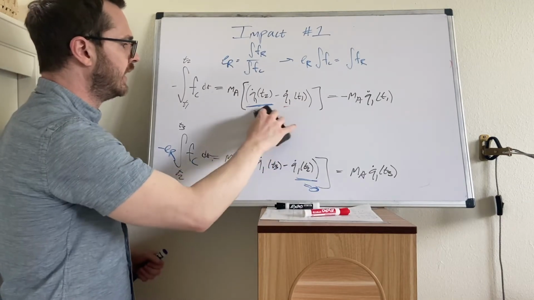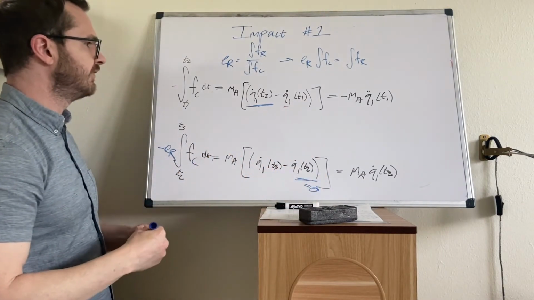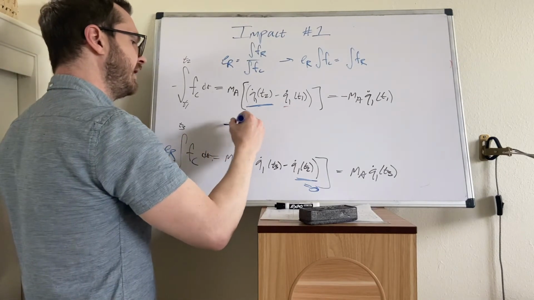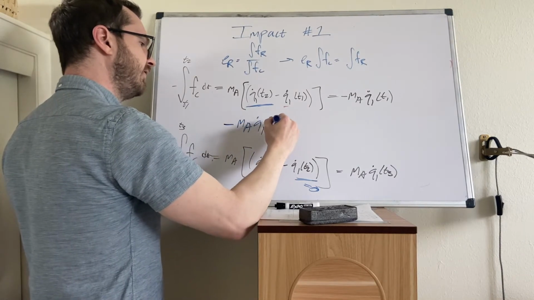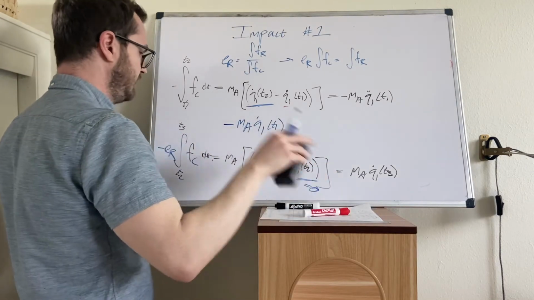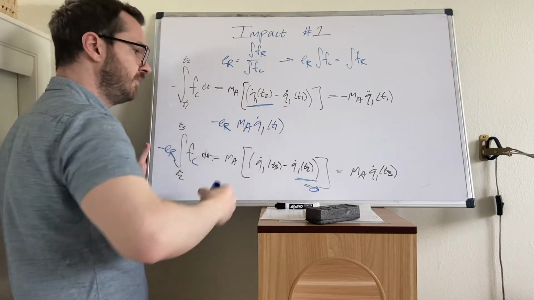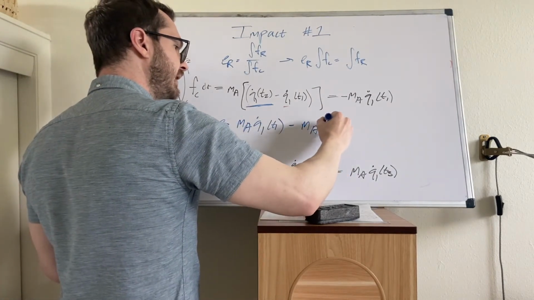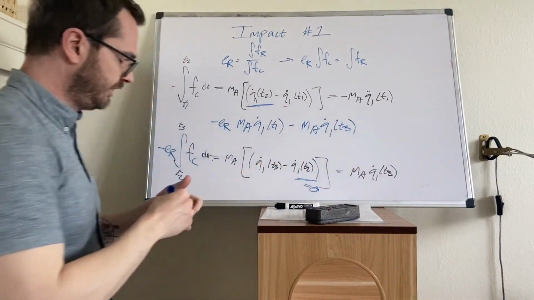So tell you what, I'm going to write it in blue, and I'm going to put it right in the middle. These two equations set equal to each other. So we're going to have minus MA Q1 dot at time number 1 multiplied by ER, and then this will equal MA Q1 dot at time 3.